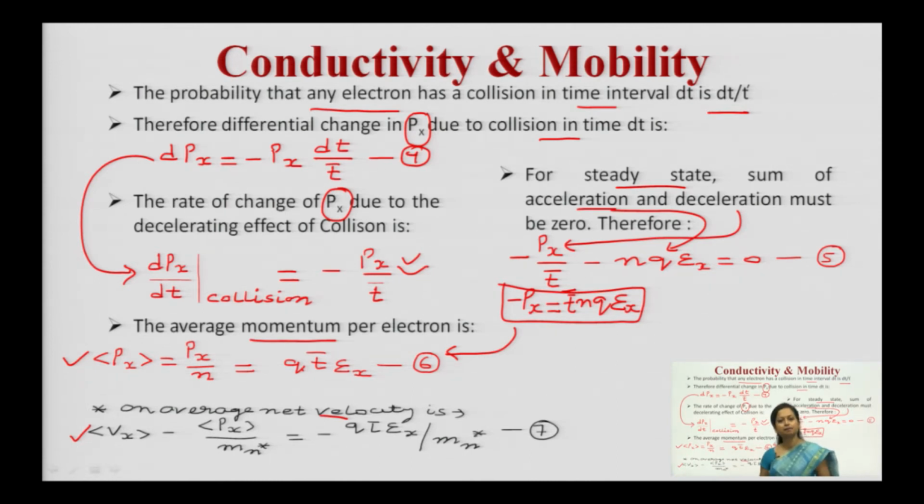Here Mn is the effective mass of electrons. Divide this term with Mn and you will get this equation: q τ bar Ex upon Mn. You must remember that this Mn is the effective mass of electrons, which is different from the rest mass. This is not the same as the case of the rest mass.